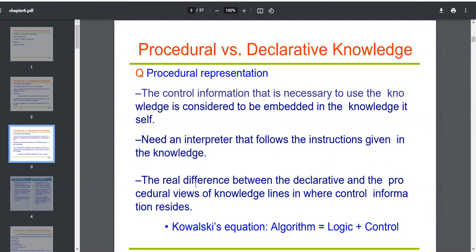The real difference between the declarative and the procedural view of knowledge lies in where the control information is. Declarative knowledge doesn't have any control information inherently embedded, and hence control information should be added additionally. But procedural knowledge representation itself contains facts, that is knowledge, and the knowledge itself embeds the controlling information. By controlling information, we mean the rules.